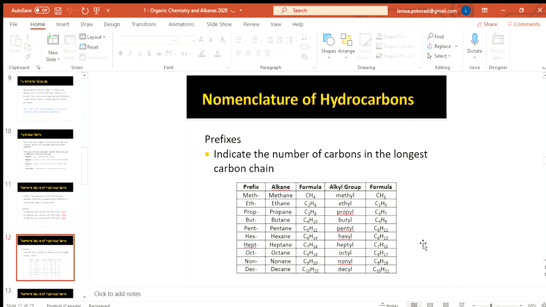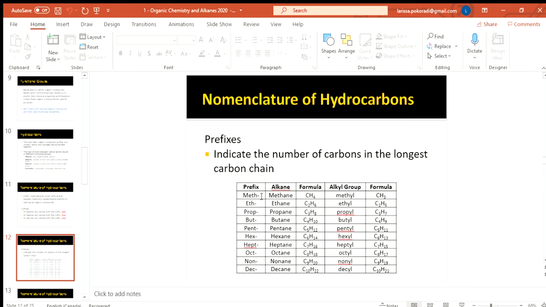The prefixes, the start of the name, come from how long our chain is going to be. So we have our formulas down this middle column, starting with 1 carbon, 2, going up to 10. The prefix is in this first column.